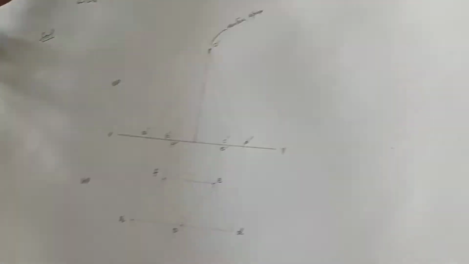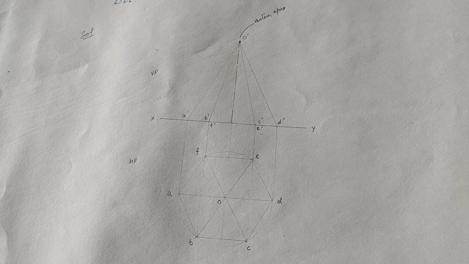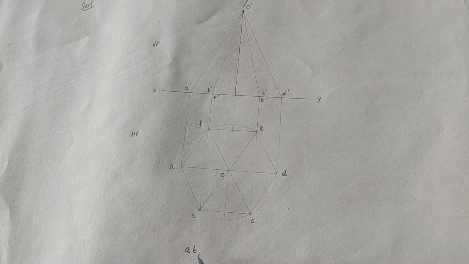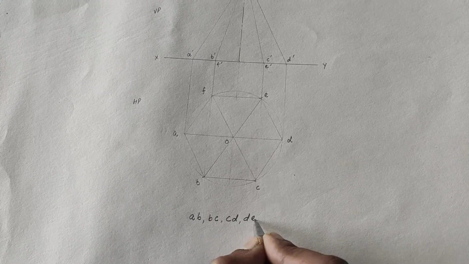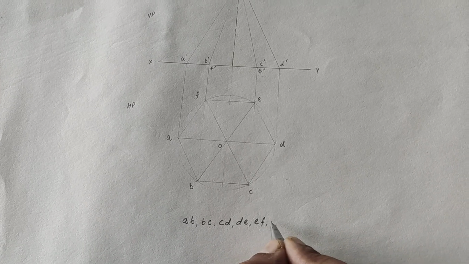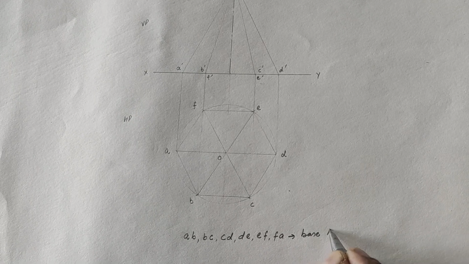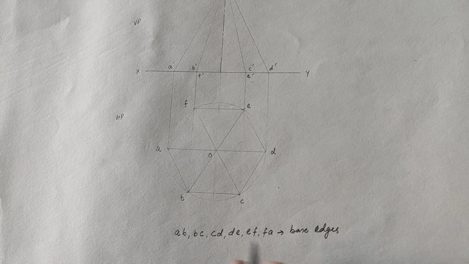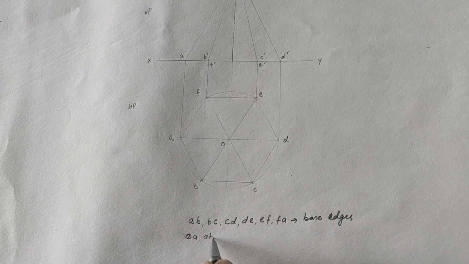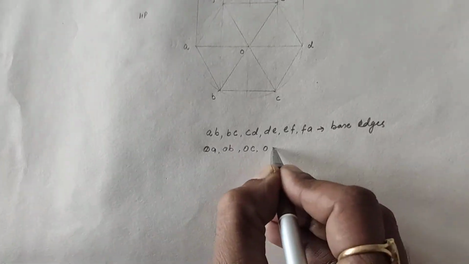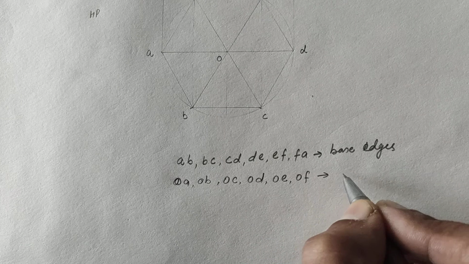So from this figure it is clear that AB, BC, CD, DE, EF and FA are all base edges, and OA, OB, OC, OD, OE, OF are all slant edges.